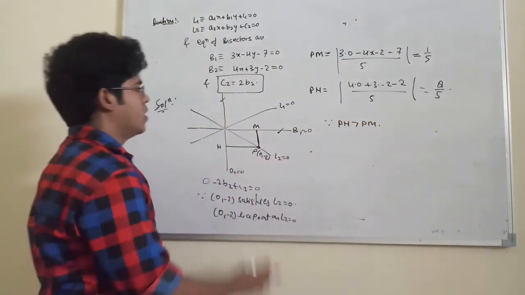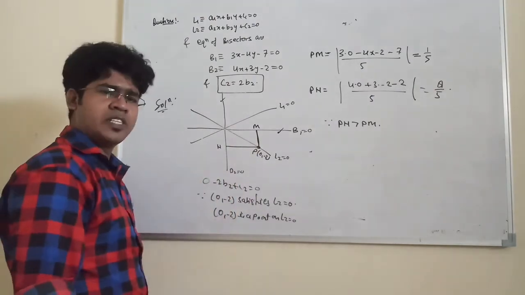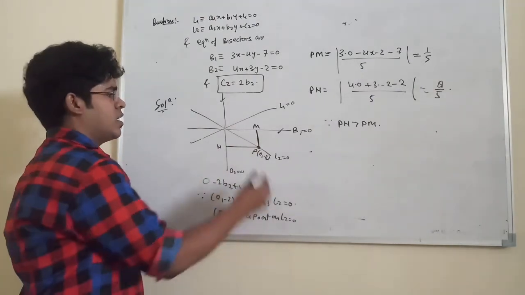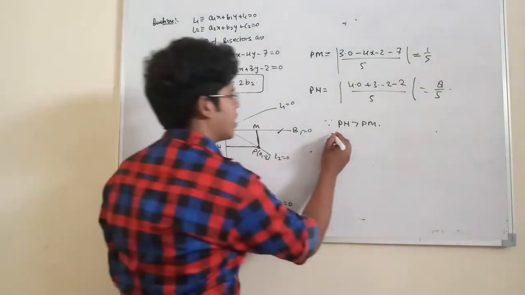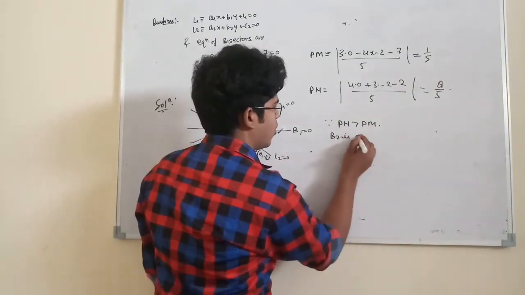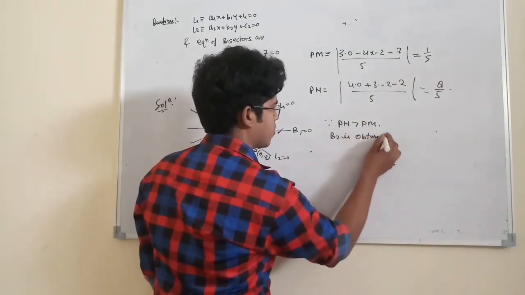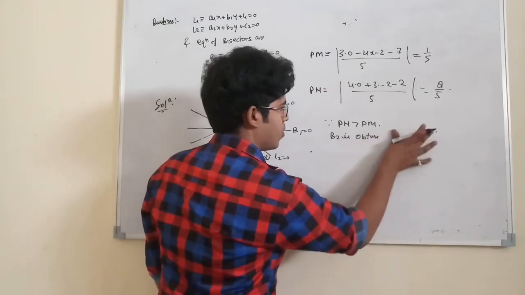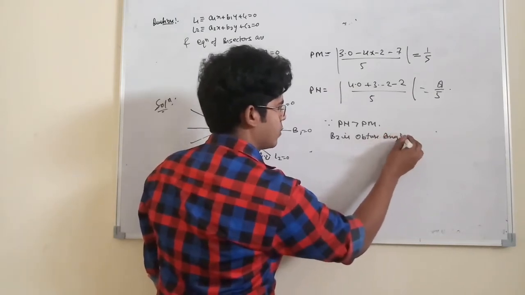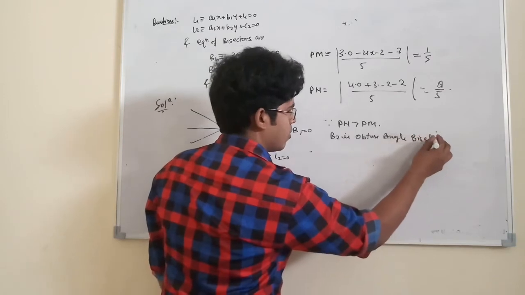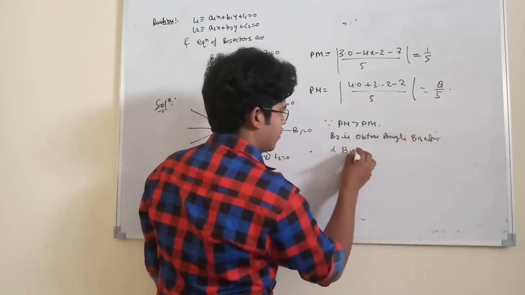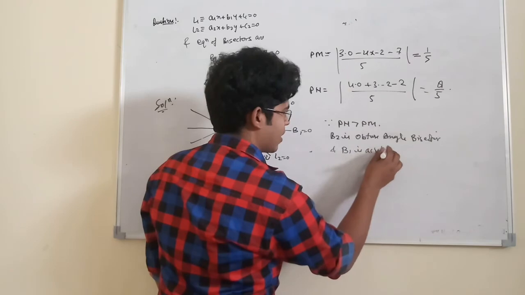So without finding any equation of the lines, we can say that B2 is the obtuse angle bisector, and B1 is the acute angle bisector.